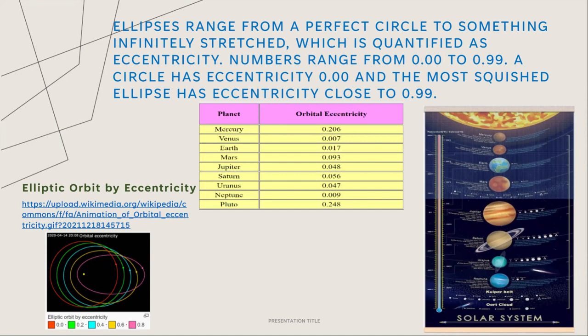And if we're looking at our planet Earth, the eccentricity is 0.017. So Earth's orbit is very close to being a circle. And let's see if we can look at one example of eccentricity.